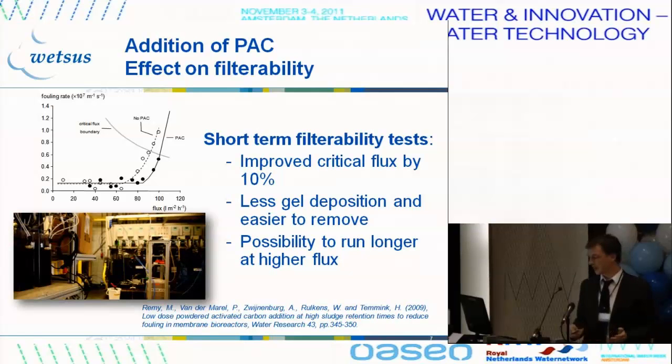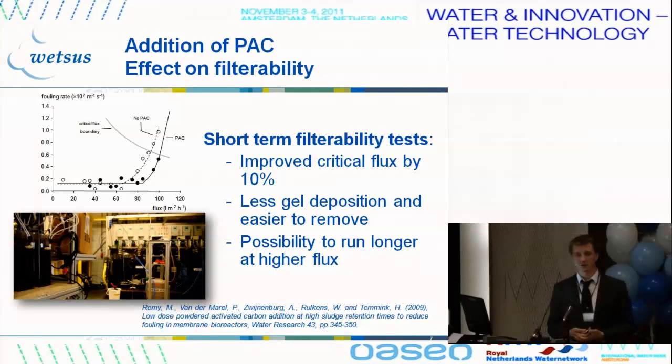So in the first step, I did some tests on filterability. For that, I had two membrane bioreactors running in parallel. You can see them there. And then we had this filterability setup, with recirculation from the membrane bioreactor towards the filtration setup.